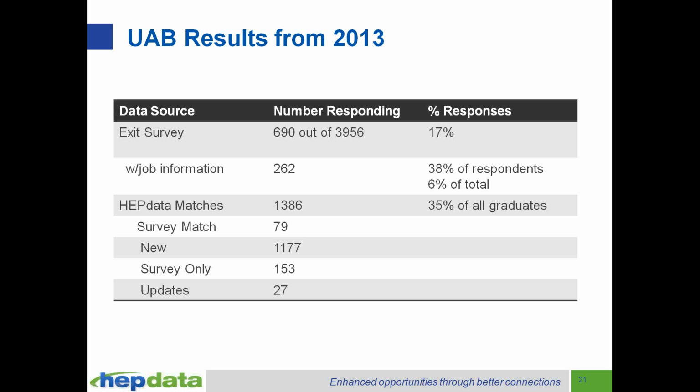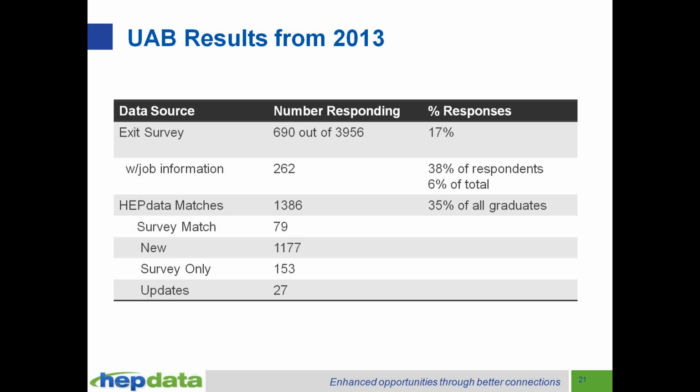However, if you add in the non-respondents, we had data on only about 6% of the total in terms of job information. So we ran our alumni through the HEP data matches after they graduated. This was our 6 months out result. HEP data was able to bring in an additional 1,386 graduates, so we were able to capture 35% of all graduates.